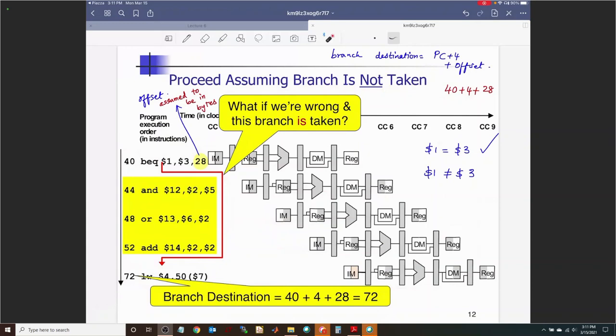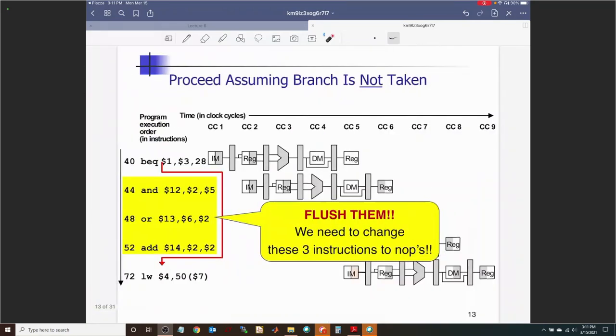So there should be a way for you to work around this problem. The workaround is, you have worked on all these, just flush them out of the pipeline. Whatever you have so far in terms of 44, 48 and 52, just flush them out.